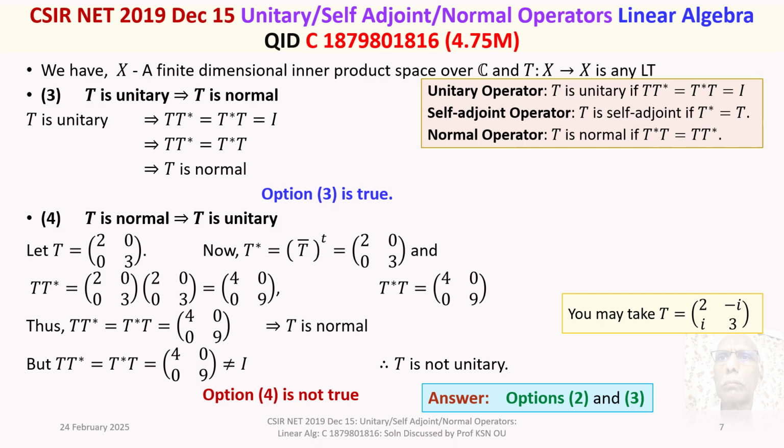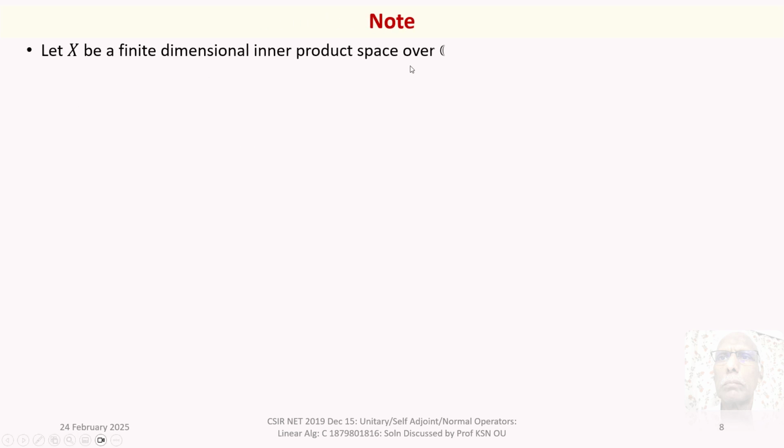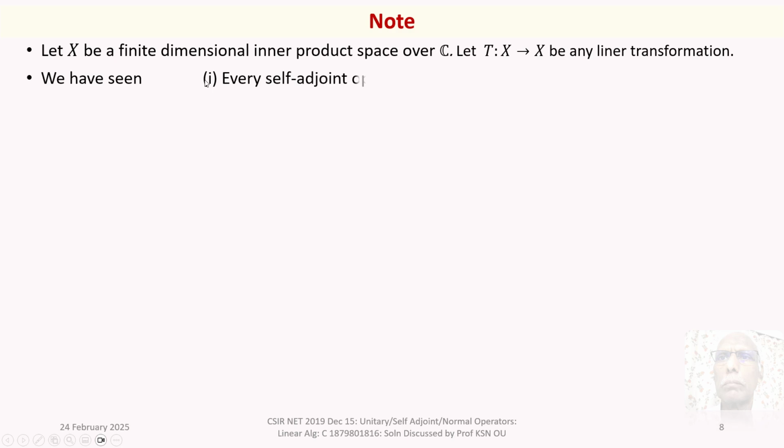So I have added a note here. Let X be a finite dimensional inner product space over the complex field, and let T be a linear operator. We have seen that every self-adjoint operator is normal and every unitary operator is normal. These two imply they are normal operators.